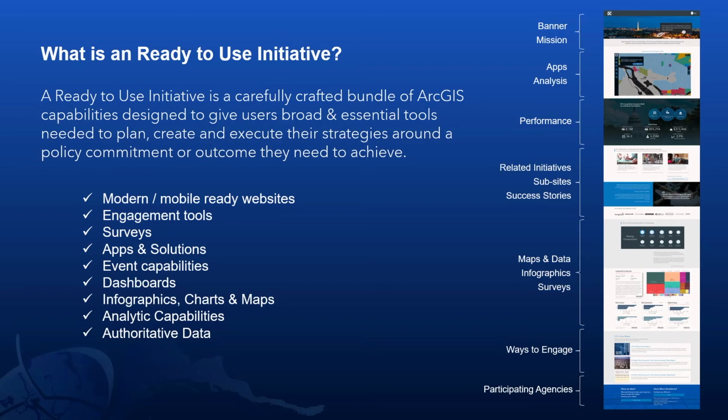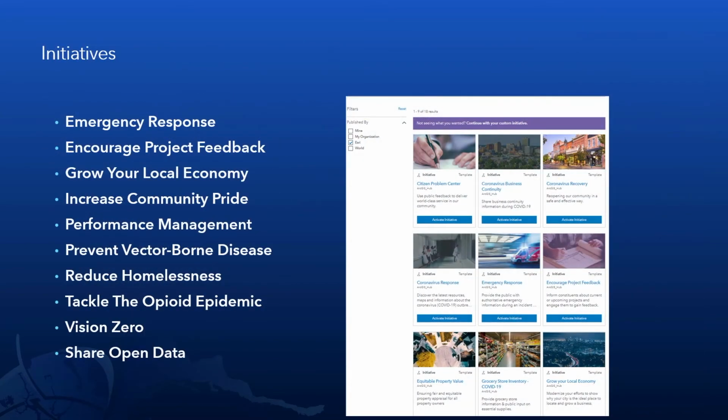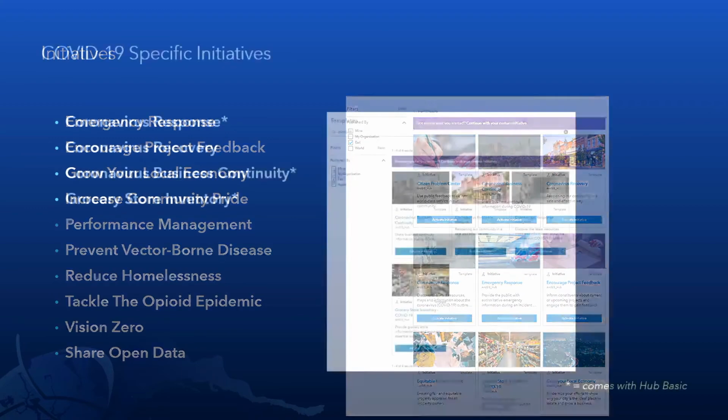Initiatives are one of the functions of ArcGIS Hub. There are many initiatives that already exist. Some of the early ones were things like reducing homelessness, Vision Zero, or tackling the opioid epidemic. As I mentioned, and we'll show in a little bit, the new emergency response initiative was released just a couple of weeks ago.